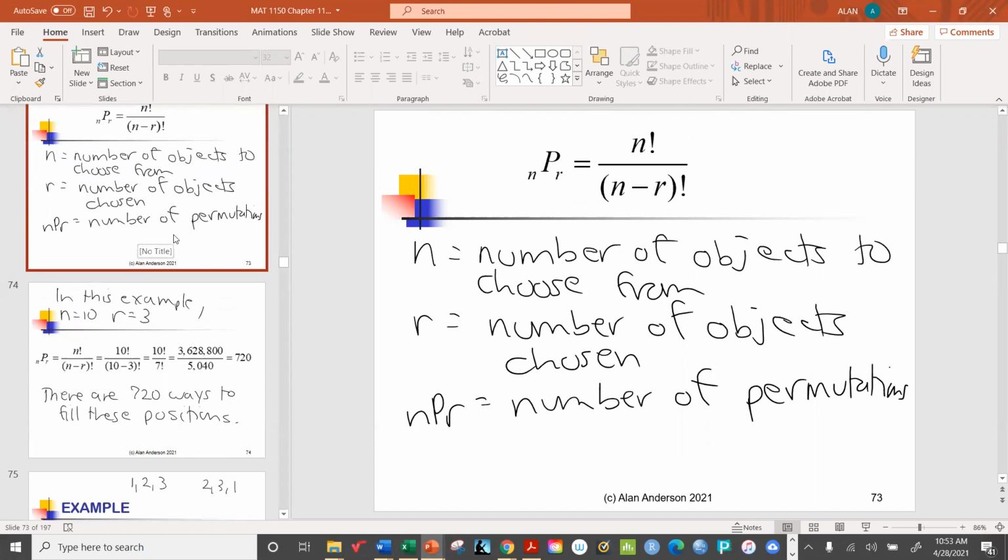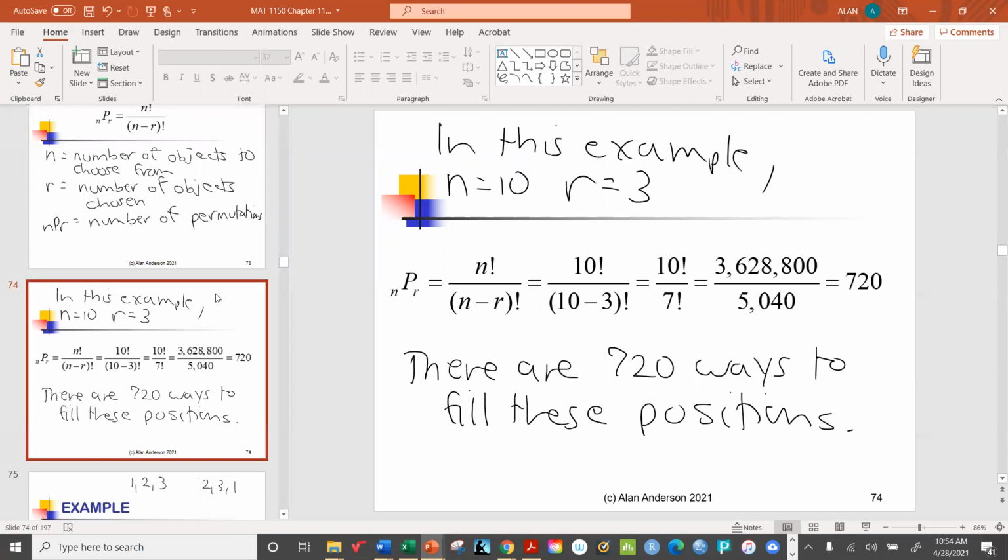Now, keep in mind, in our example with the math club, N is 10 and R is 3, because we have 10 students in the club, of which 3 are being chosen for these positions. Okay, so let me show you how this would be done. You plug in the numbers, and you'll see that in the denominator, we actually have 7 factorial.